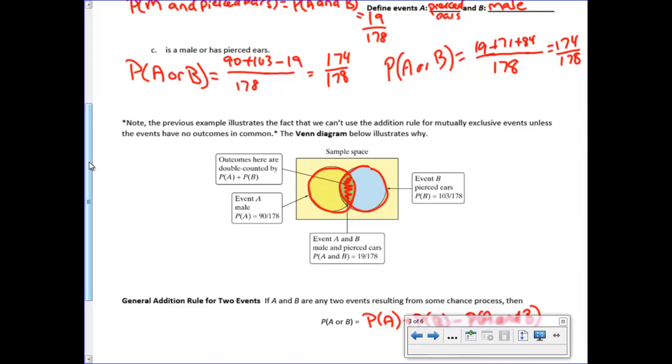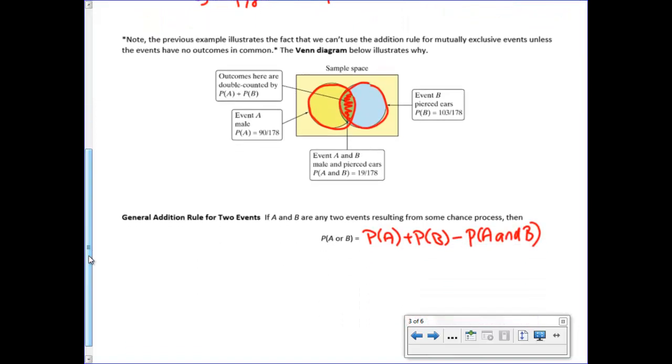We said the probability that they're male, the probability that they have pierced ears, but then we had that number that was being counted twice for both categories, so we have to subtract that overlap out. We'll look at an example in a little bit.